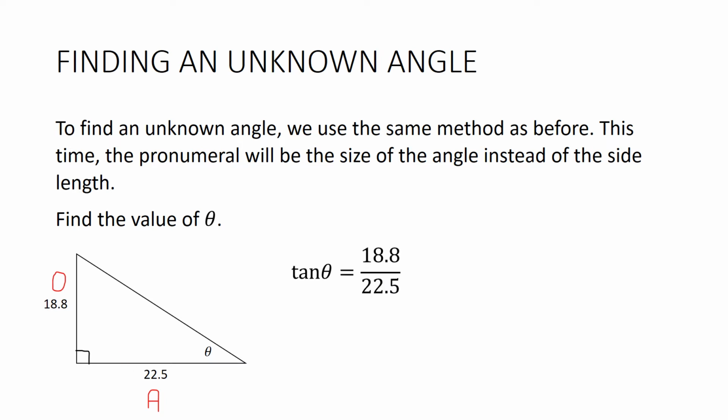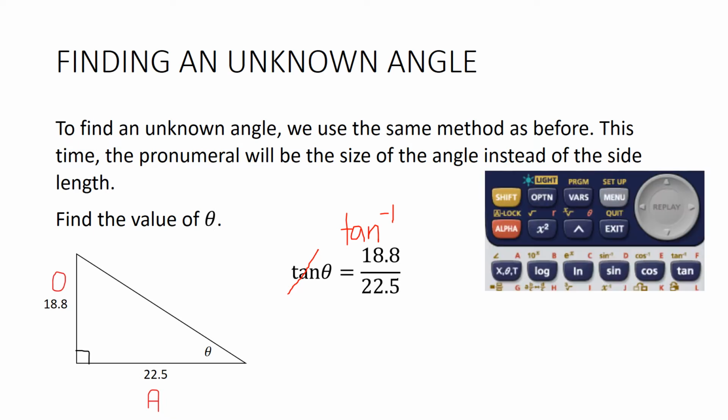That's our first line. Now, this is a little bit different, isn't it? Because I need to find out what theta is, and I've got this tan sticking there. What we've got to do is take the tan over the other side. And what happens when we do that? It becomes inverse tan. It's got a couple of different names. So it looks like tan with a little -1. So it's inverse tan. Some people call it shift tan, which is how you get it on the calculator, or tan to the -1.